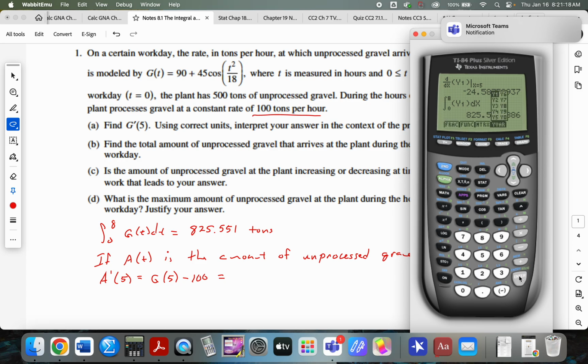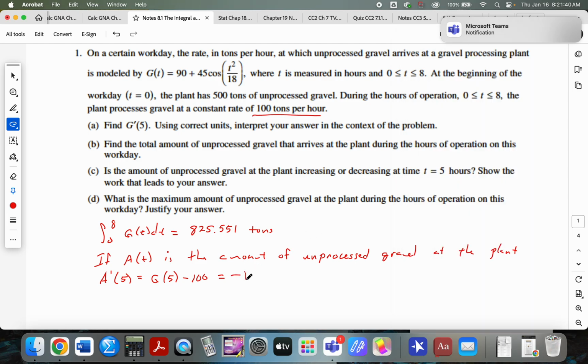So again, alpha y of 5 minus 100 is negative 1.859, which is less than 0. So the amount of gravel, unprocessed gravel, is decreasing.